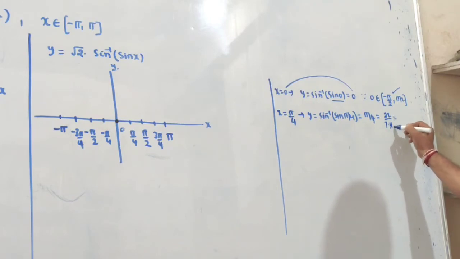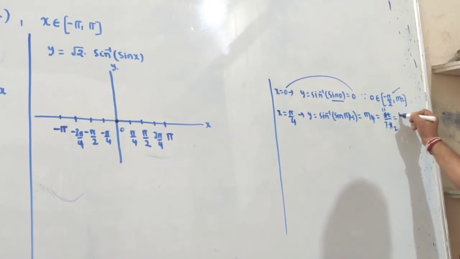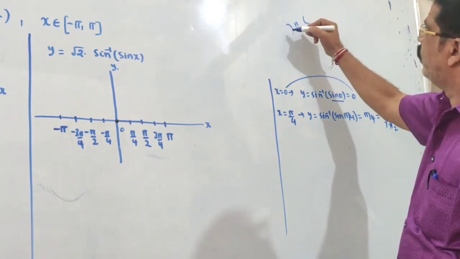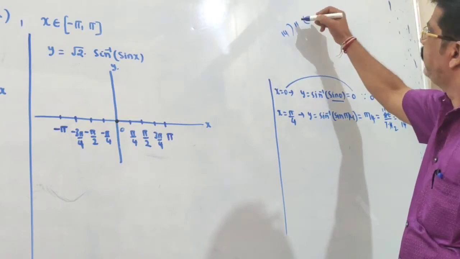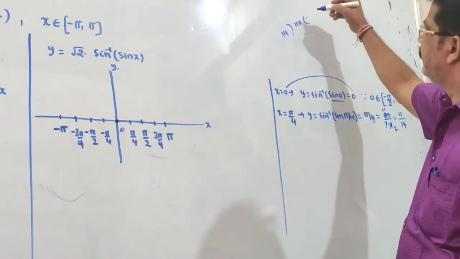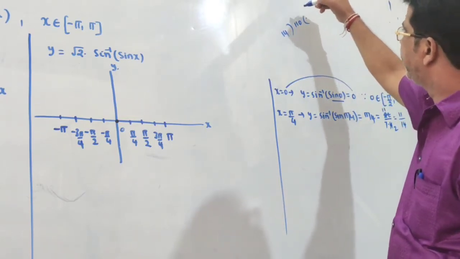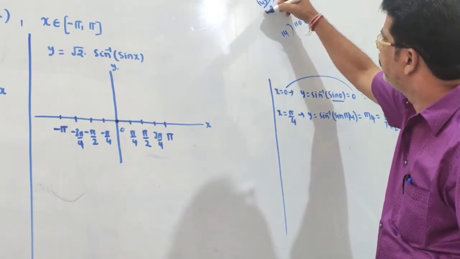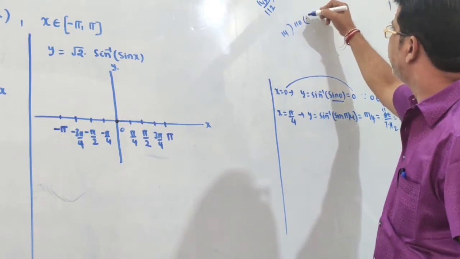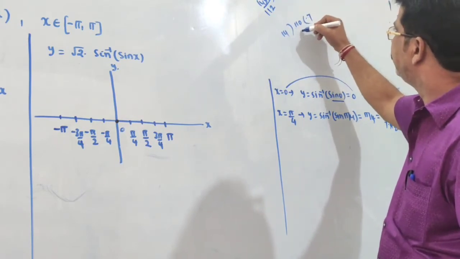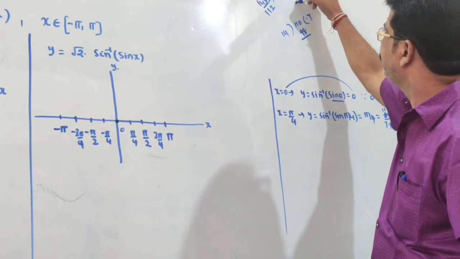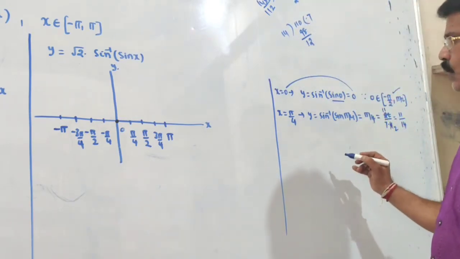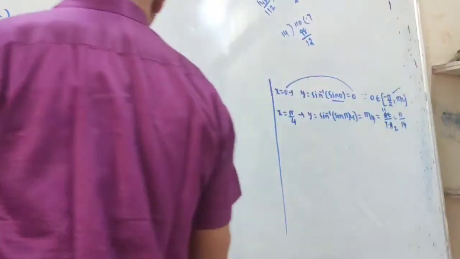That is 2 11s are 11 by 14. So dividing, 14 7s are 98, 98 to 100, remainder 12. It is 0.7 something. So 0.7 for pi by 4.